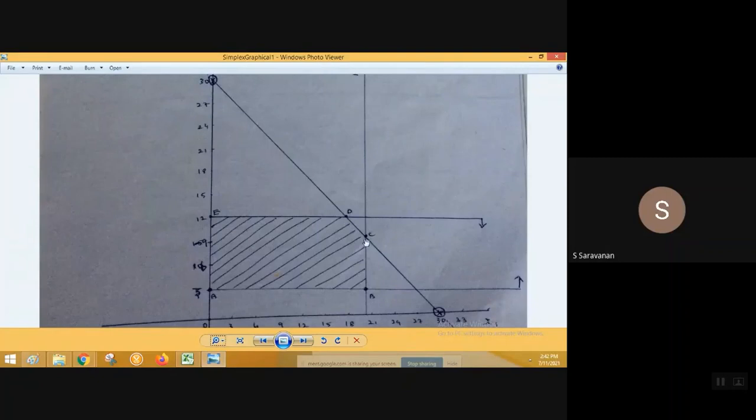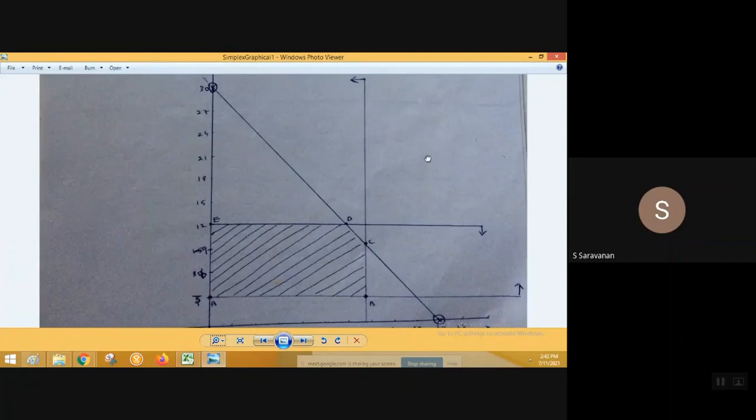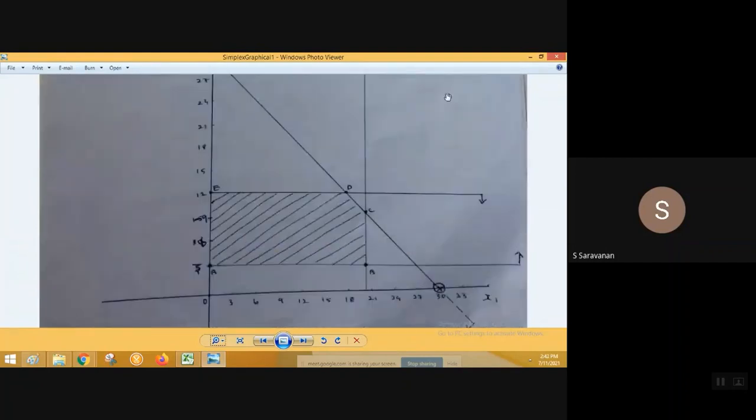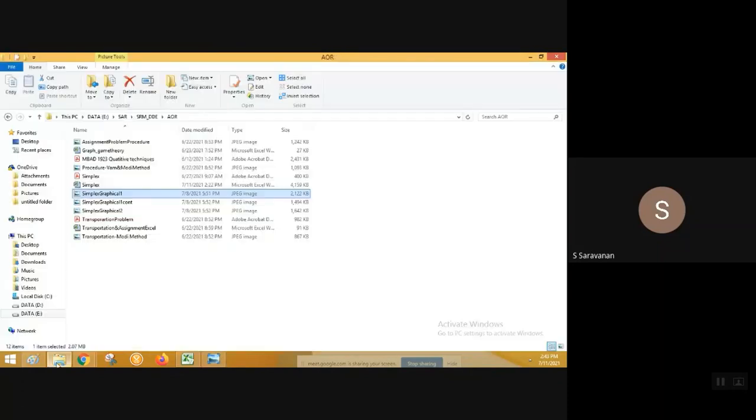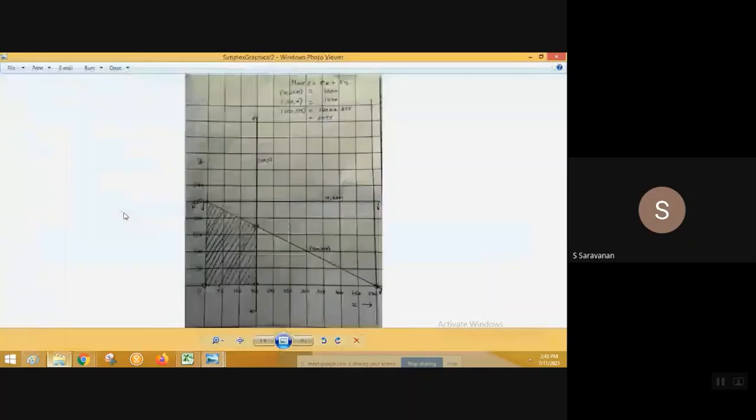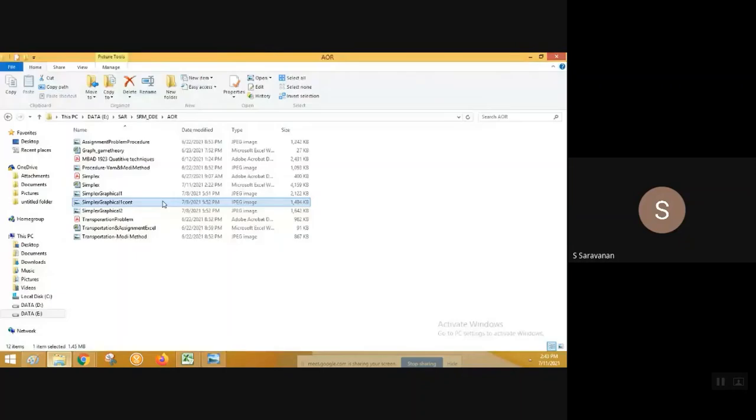And this one is 20, should be 10 or 11. I'll just check. Okay, so this is in another page. Okay, not this one. Okay, that's a continuation. Just one minute.